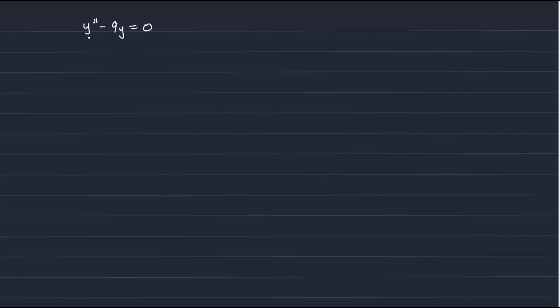Again, this is our differential equation, and we'll go through later how to solve this, but it turns out that the solutions include, and you can verify this yourself, each of the following: e to the 3x, e to the minus 3x, 5 e to the 3x, 2 e to the minus 3x, hyperbolic sine 3x, and hyperbolic cosine 3x.